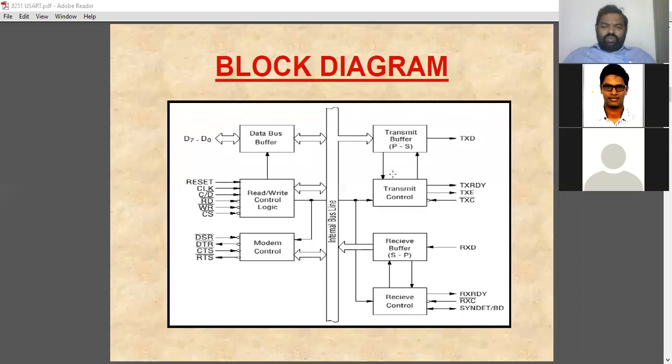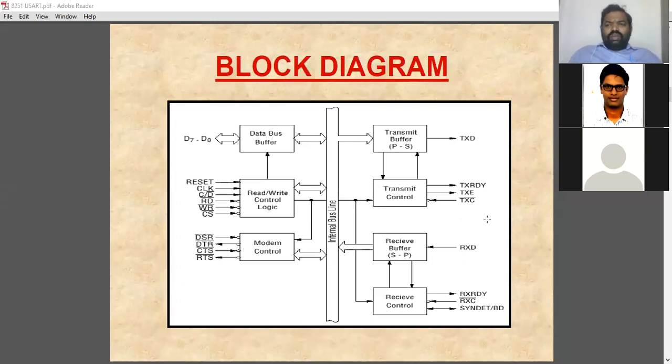For example, one person wants to transmit only 5 bits of data, another wants to transmit only 7 bits, not 8. Out of 8, only 7 he wants to transmit. Then how? Such a kind of controlling, sir.